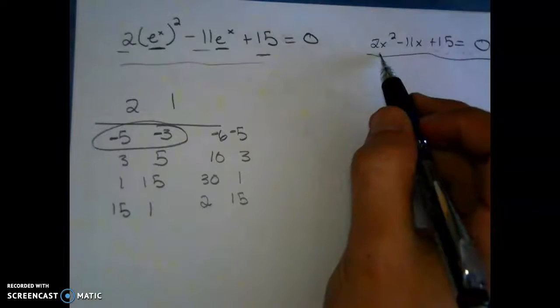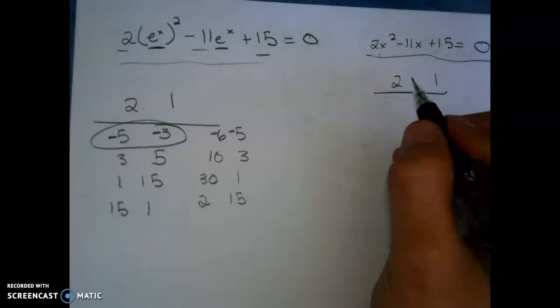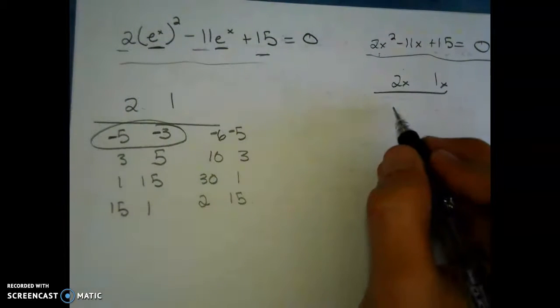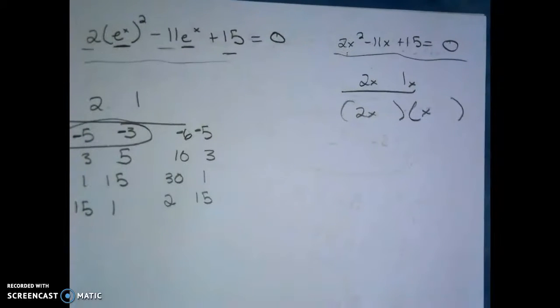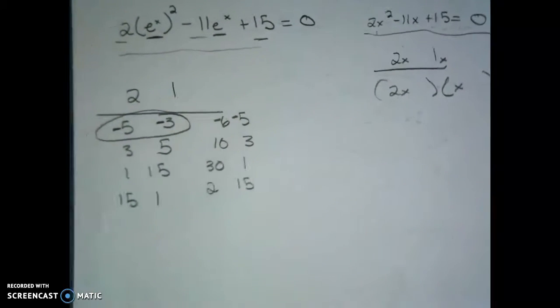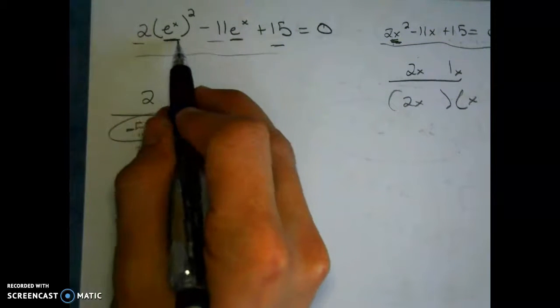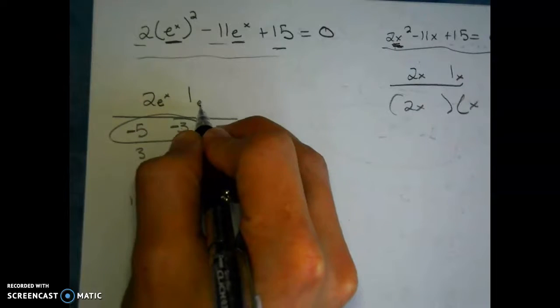Now here's the only difference. In the other problem, we'd have 2 and 1, and when we're all done, we would have an x here and an x here, so we would get 2x something and an x something. The difference is that instead of these x's, we have e to the x's here. So e to the x, e to the x.